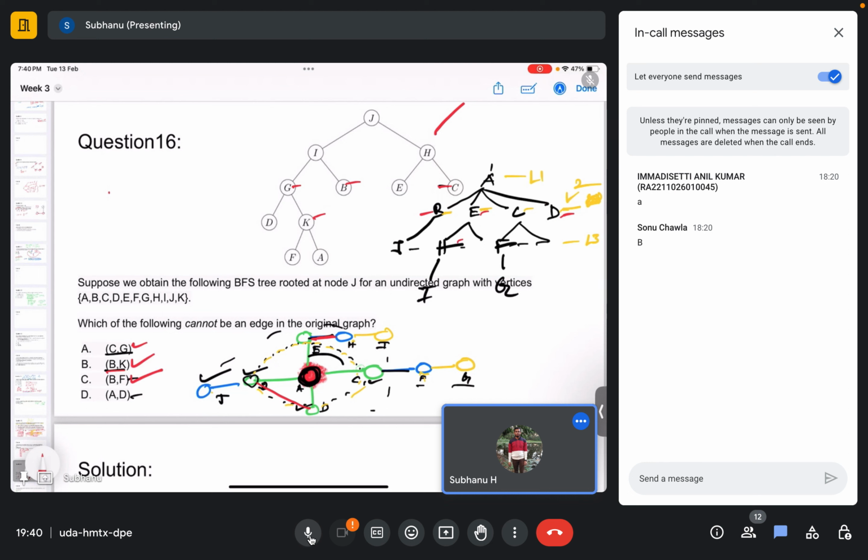So B and F, like E and I. So from E to I. So according to this, these two cannot be, B and F, and A and D can be an edge. So the right option is B and F.